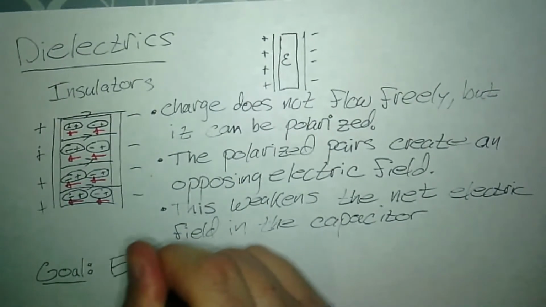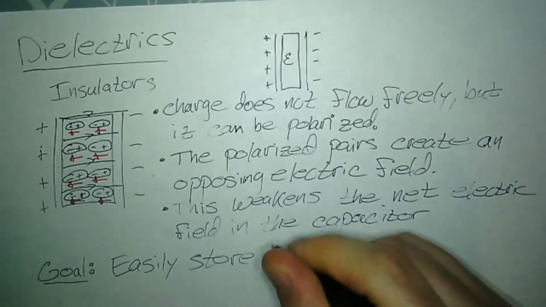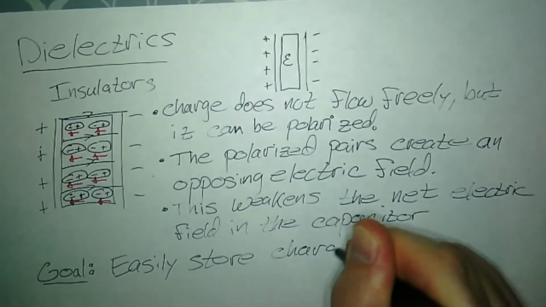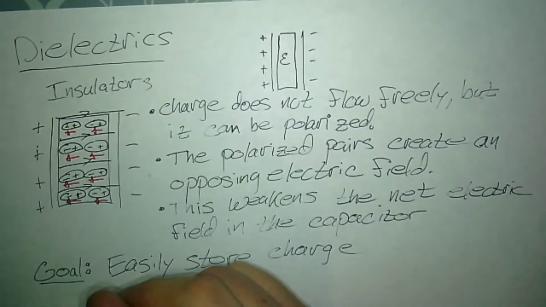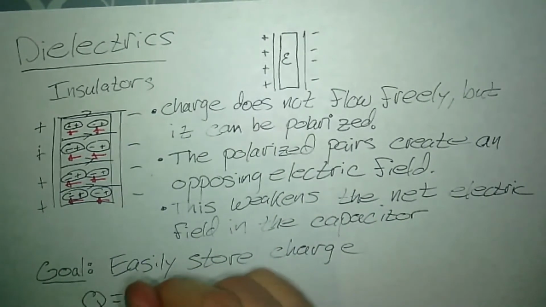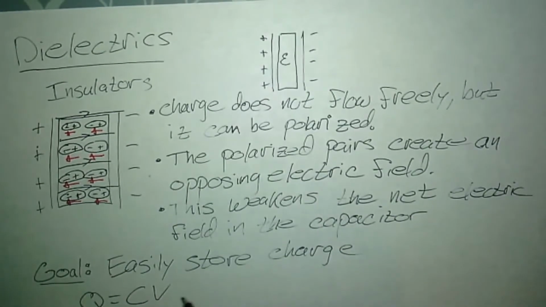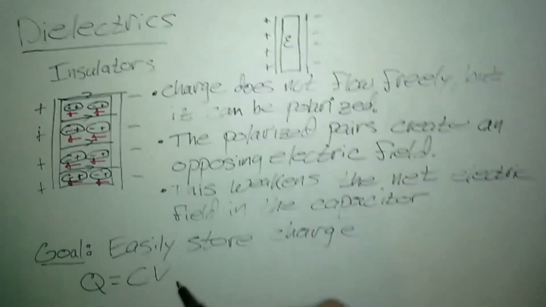You want to easily store charge. Let's take our equation of Q equals CV that we looked at earlier, and we're saying I want to get more charge for less potential, or less electric field.